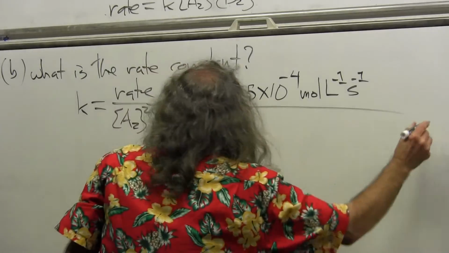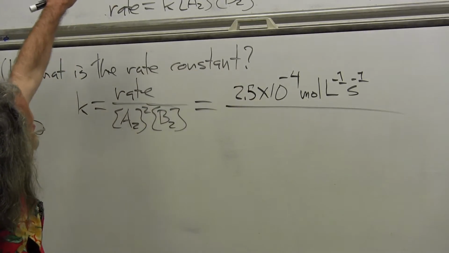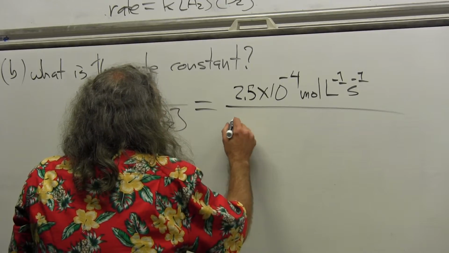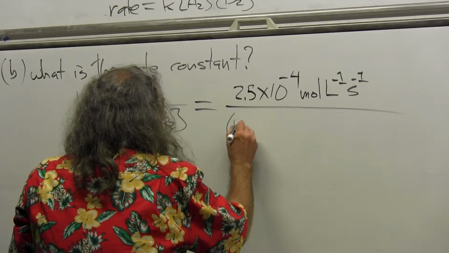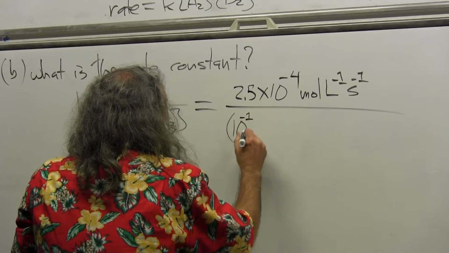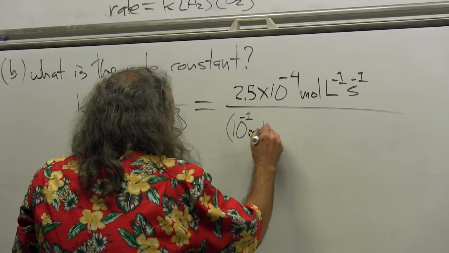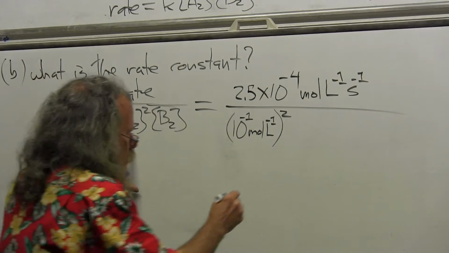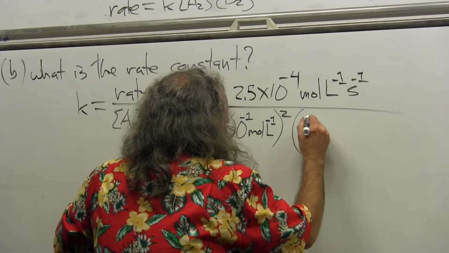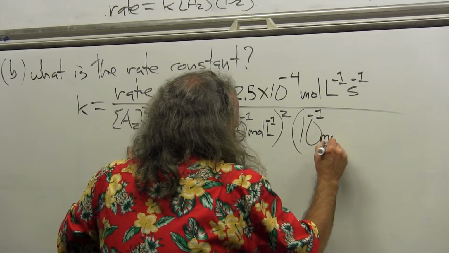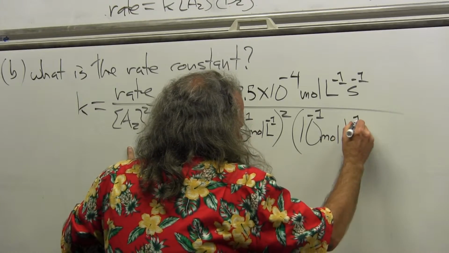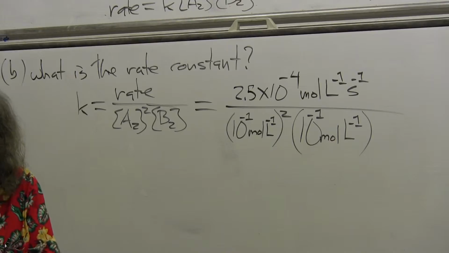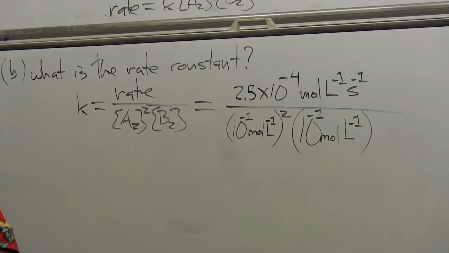And now I'm going to divide that by, and the nice thing about these being the same concentration, this would be 10 to the minus 1 moles per liter squared, and then times 10 to the minus 1 moles per liter. Okay? And so if you include all the units, you're going to be fine.